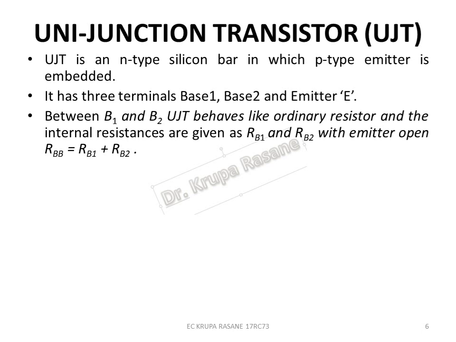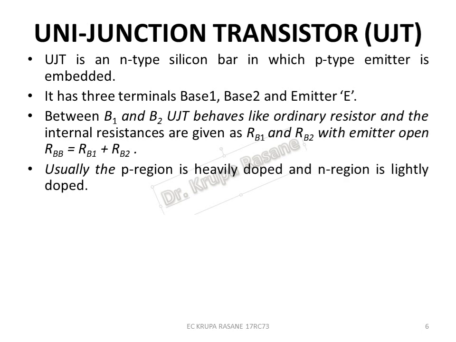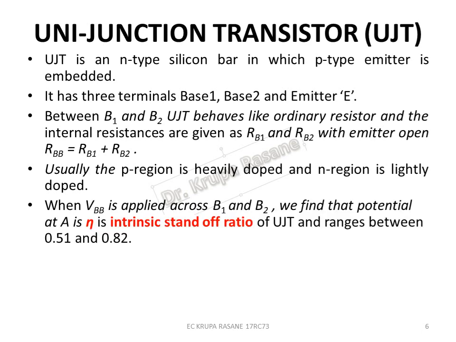RBB is equal to the summation of these two resistances, RB1 plus RB2. Usually the P region is heavily doped and the N region is lightly doped. When VBB is applied across B1 and B2, we find that the potential at A is eta VBB, where eta is called the intrinsic standoff ratio of UJT, and it ranges between 0.51 and 0.82.